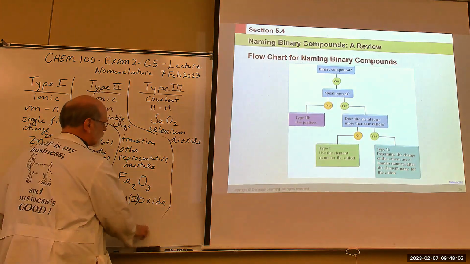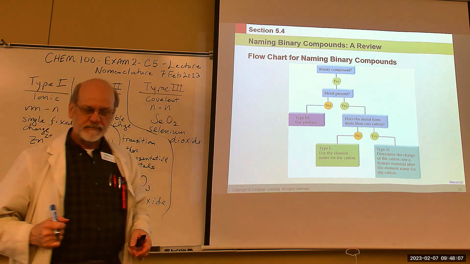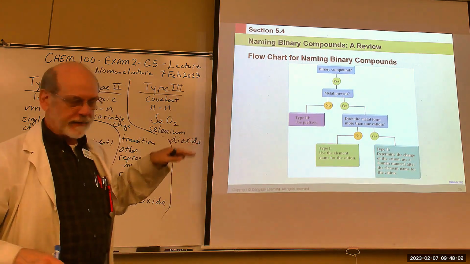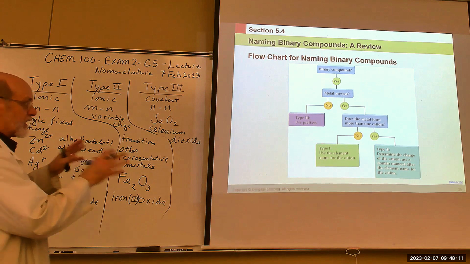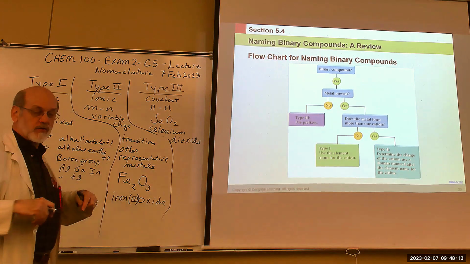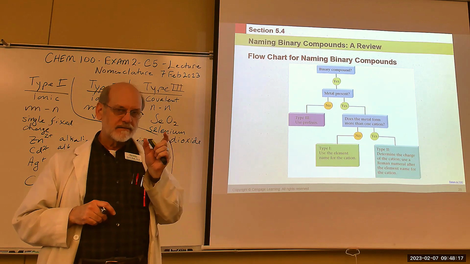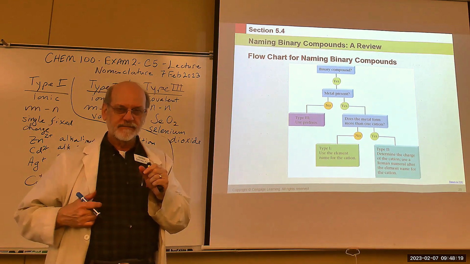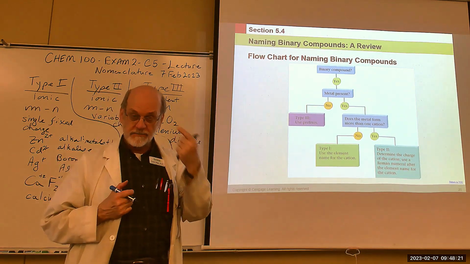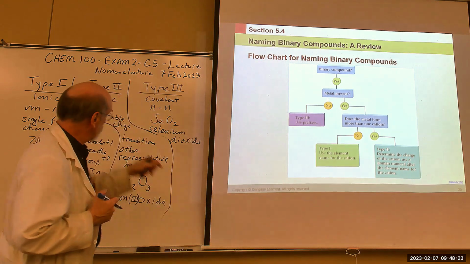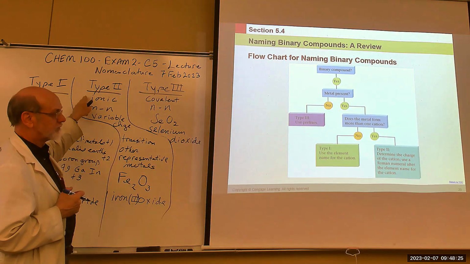All right. So how do we decide? This is a decision tree. You have a binary compound and you look at it and say, okay, is there a metal in that first position? If yes, there's a metal, then you're either 1 or 2.